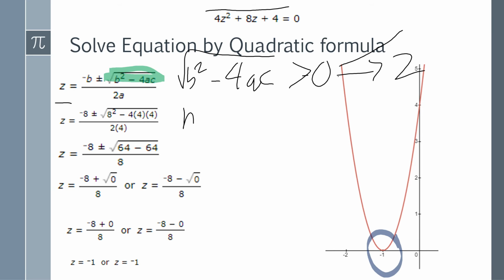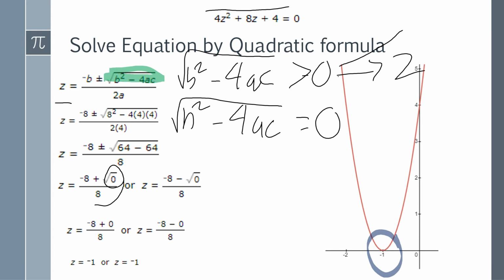But if it's b squared minus 4ac and the radical equals 0, which is what we got right there, let me highlight it, you got 0 here. Because you have 0 in the square root, you end up having one answer.